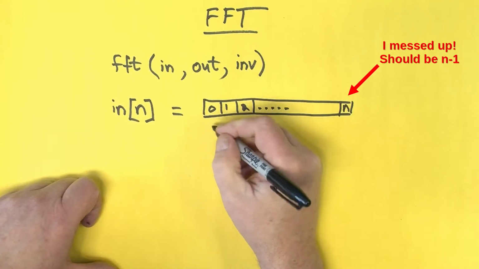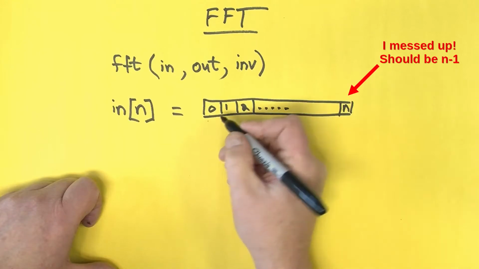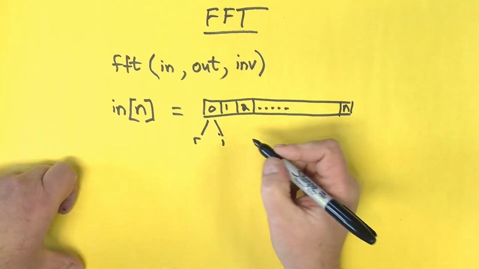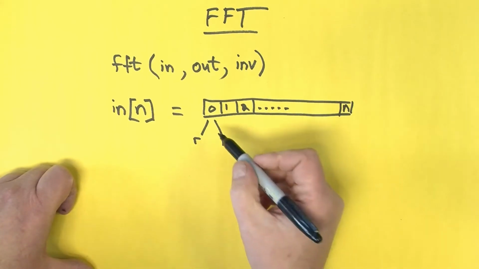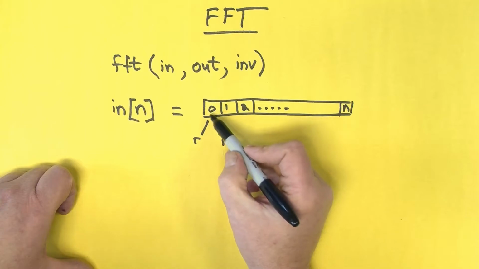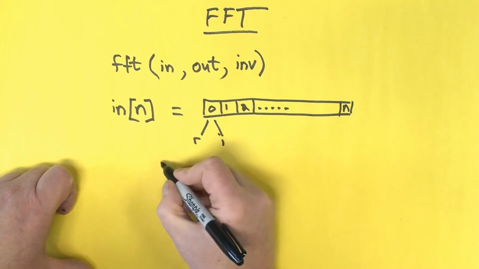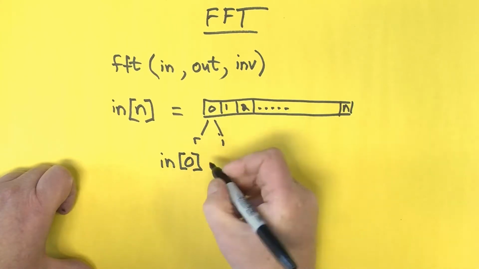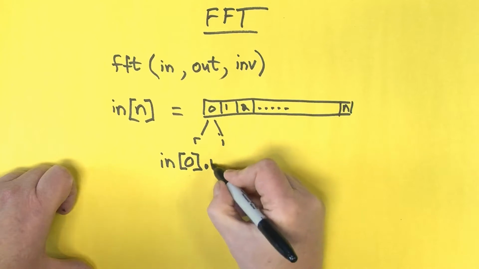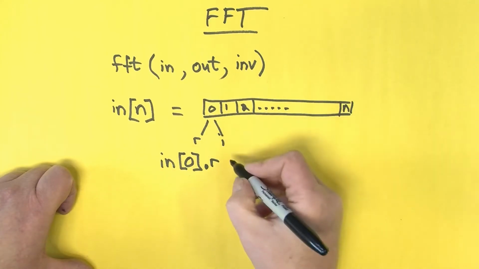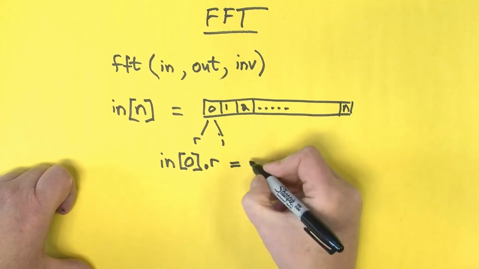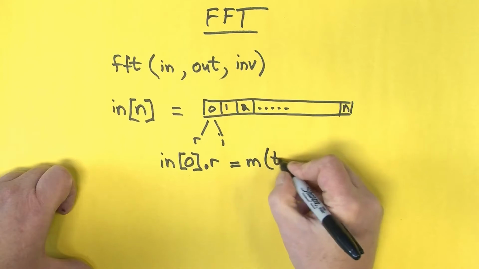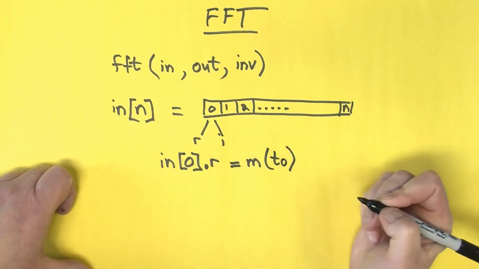And each one of these entries has a real part and an imaginary part. And in many languages, you would write entry 0 like this, where 0 is the 0th entry, r is the real part of it, and we would say equals, in our case, m of t0, the first time sample.